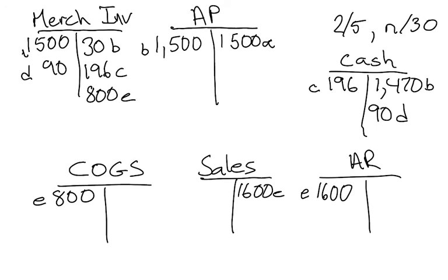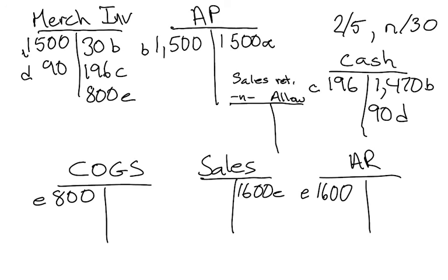Now, remember again, this is a perpetual system. So we're going to make an adjustment to inventory as well as an adjustment to the revenue. The adjustment to the revenue is going to be this account, and it's actually called sales returns and allowances.